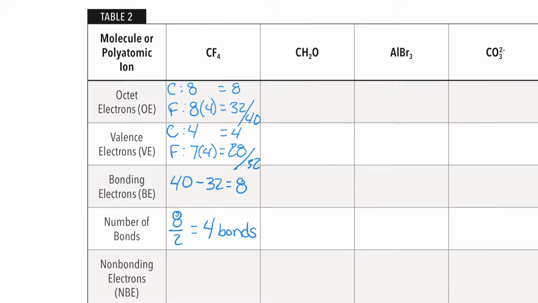Our non-bonding electrons we figure out by taking the number of valence electrons and subtracting the number of bonding electrons. So we have 32 valence minus our 8 bonding electrons, giving us a total of 24 non-bonding electrons.